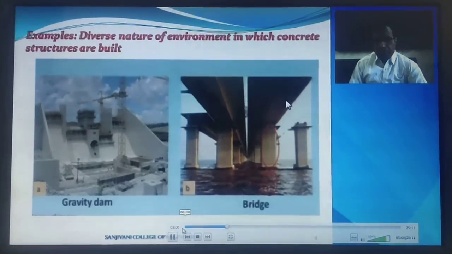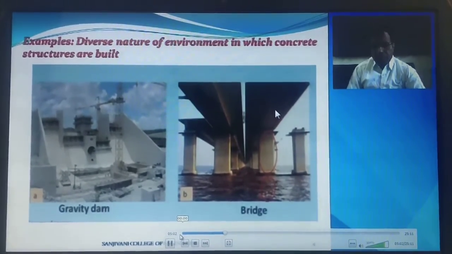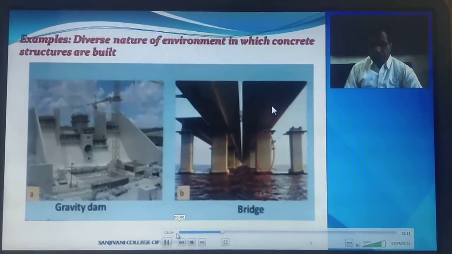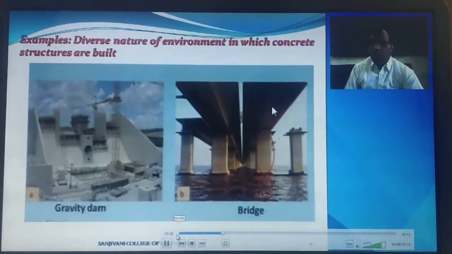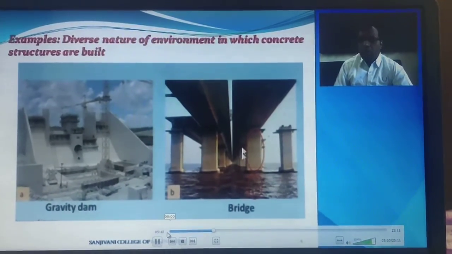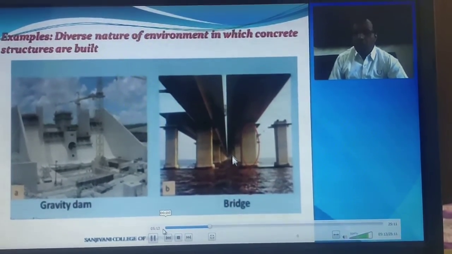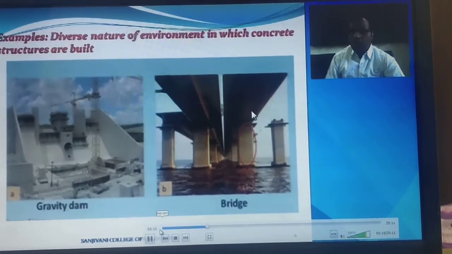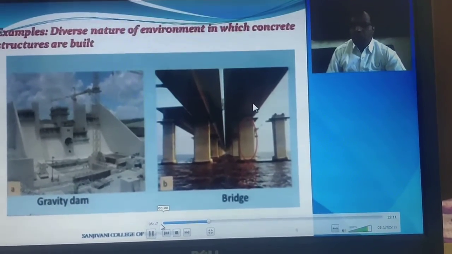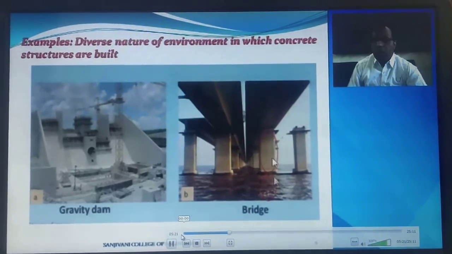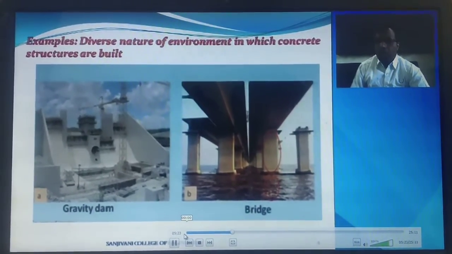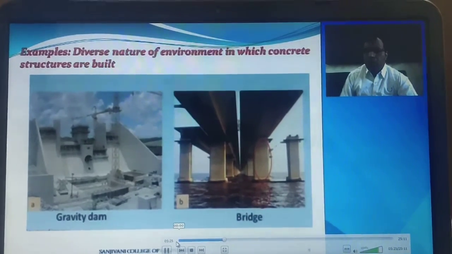And the deck slab is sometimes subjected to splashing of water or tidal waters. So in one structure there are different environmental conditions. Care must be taken that the structure sustains the different environmental exposures. So durability comes in here.